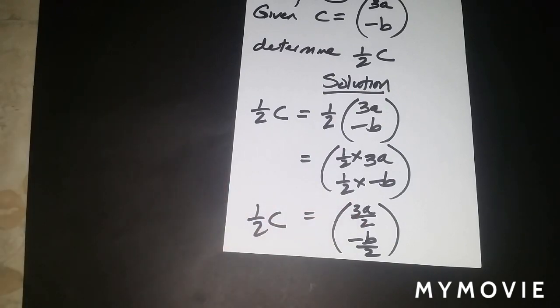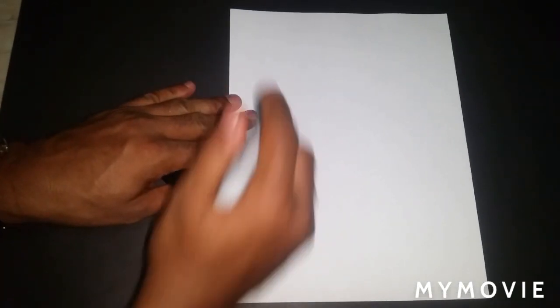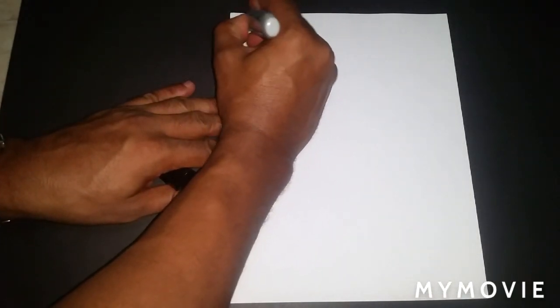Okay, now let's look at another example. What if we were given this matrix? This is example 3.